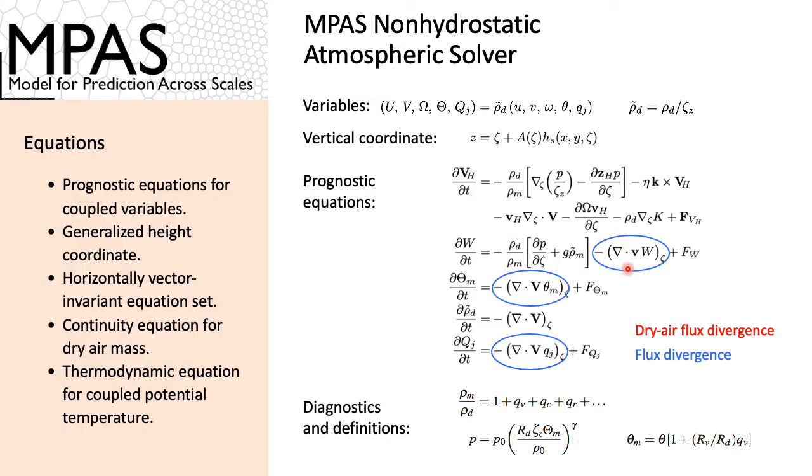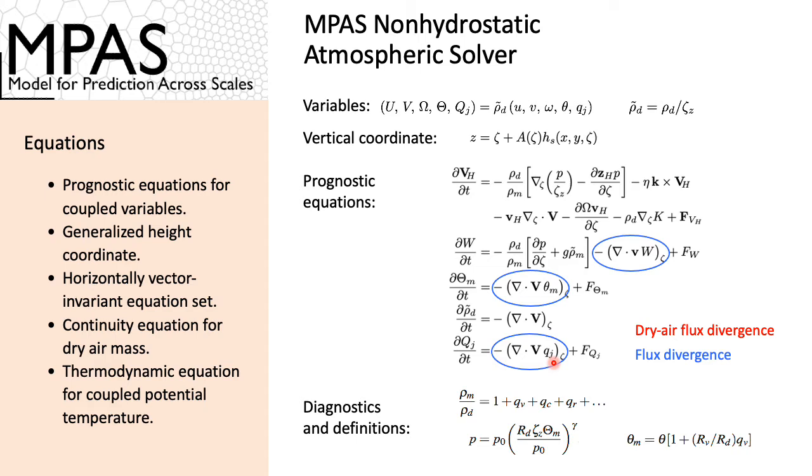Now next, let's look at these other flux divergences involving either, in this case, the horizontal momentum, or our prognostic potential temperature here, or any other scalar which we're solving for.